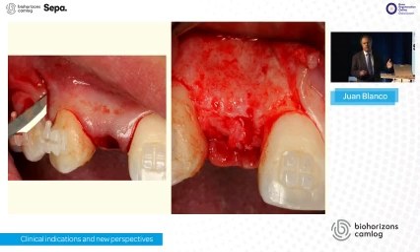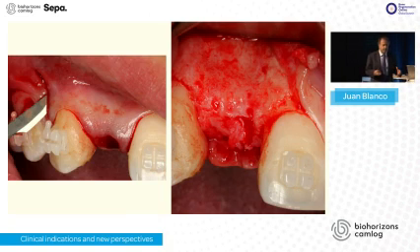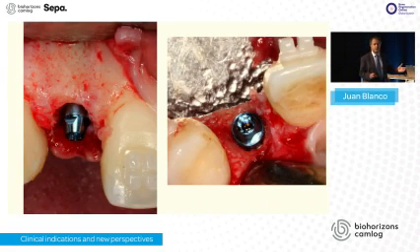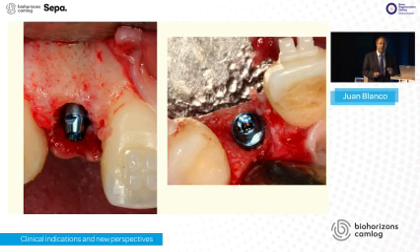We proceed with the normal surgical design, as we always do. We clean everything. It's very important to eliminate all the remnants in the bone, in the surface of the bone. And then we proceed as we normally do to install the implant at the same time the definitive abutment. So we usually go for the one abutment, one time approach.